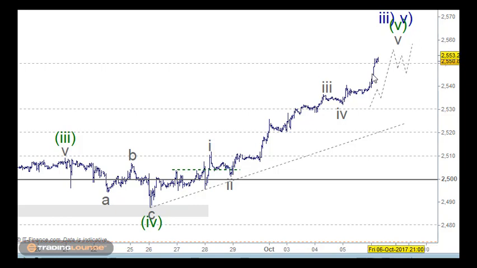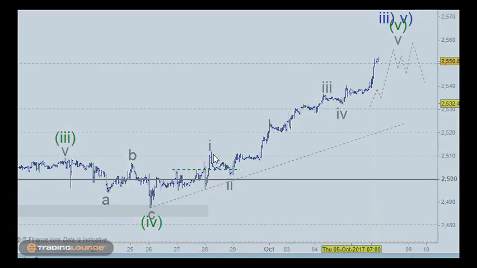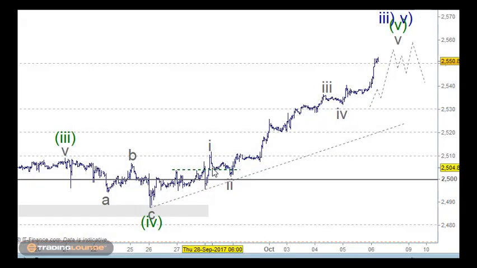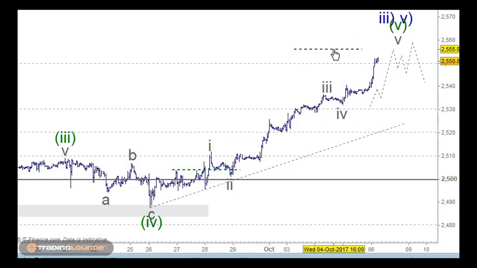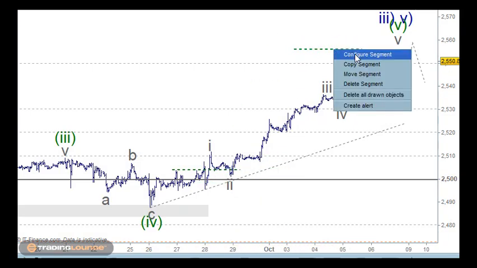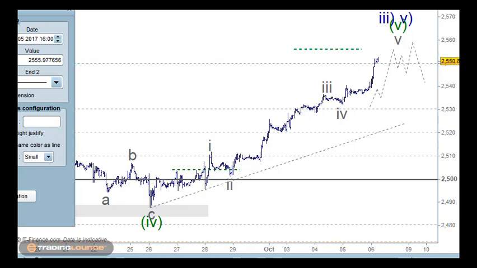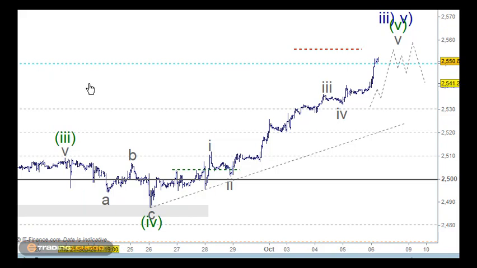The fifth wave should be roughly the same as the first wave here, and that should bring us in on that top there. I'll just save that, and then we'll go into the tick chart and have a look. If you're looking for a target, then this is pretty much the target area to move out of here now.